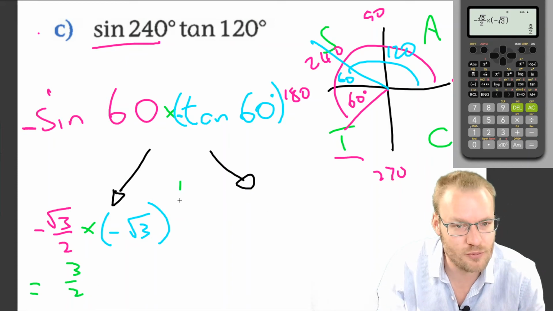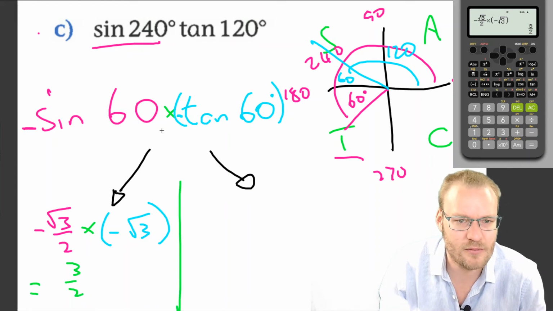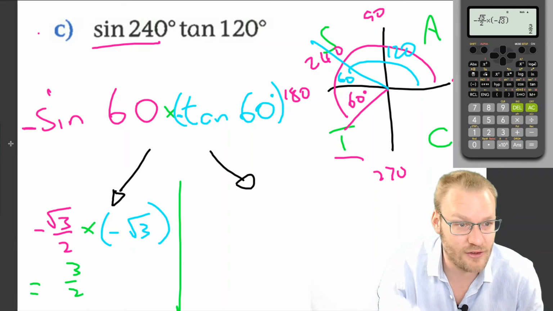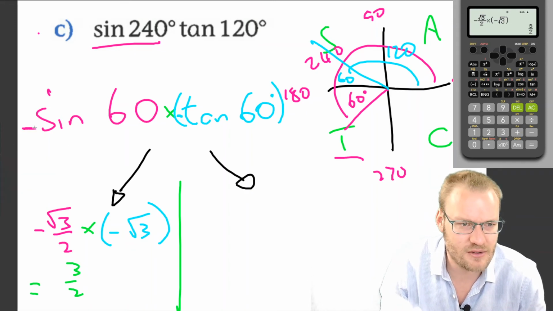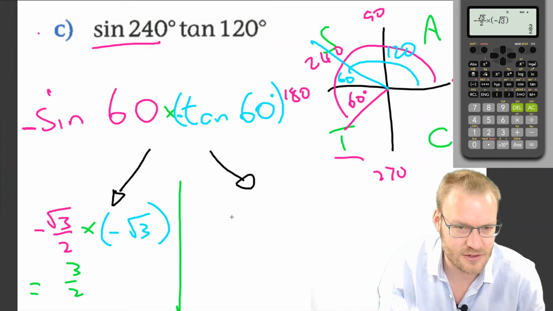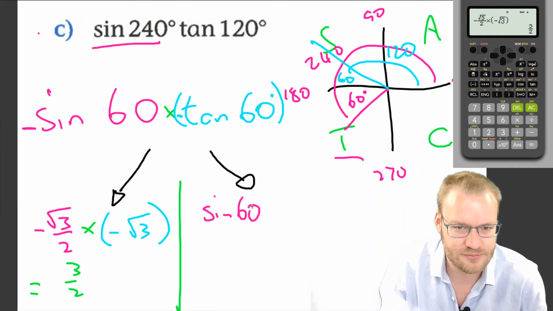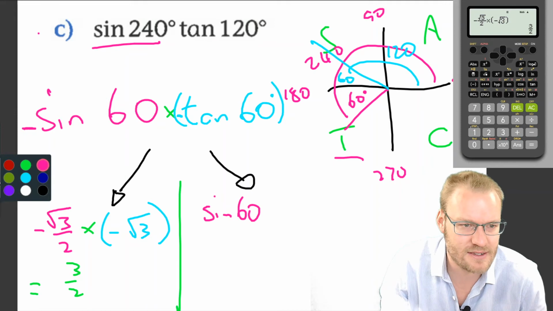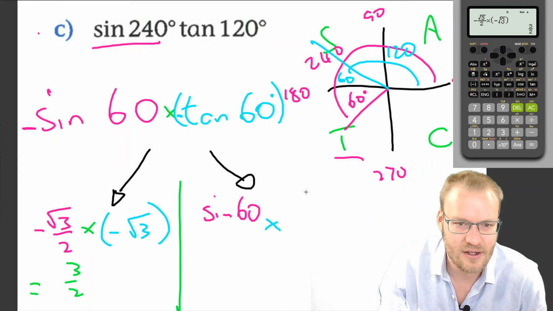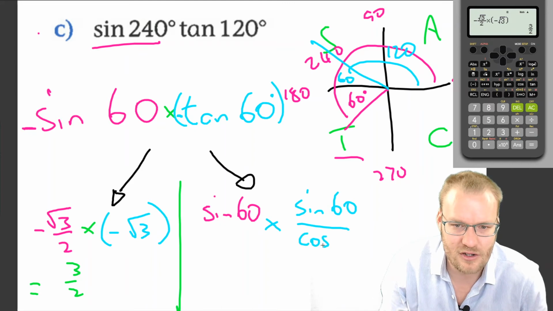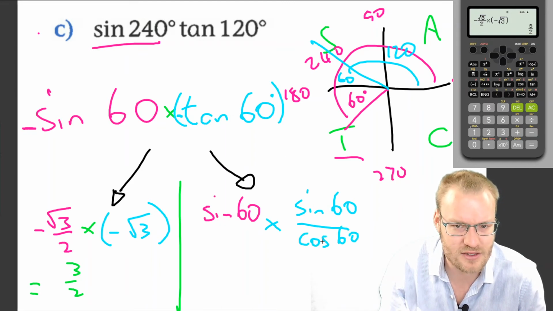Option 2. So you say tan 60 I can rewrite. So I'm going to forget negative times the negative is going to give us the positive. And this is sine 60. Tan 60 I'm going to rewrite as sine 60 over cos 60, because tan is just sine over cos.